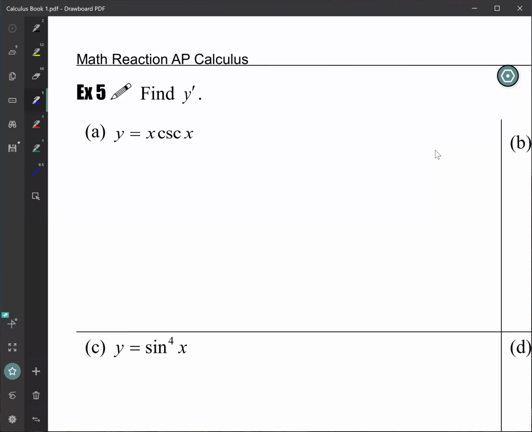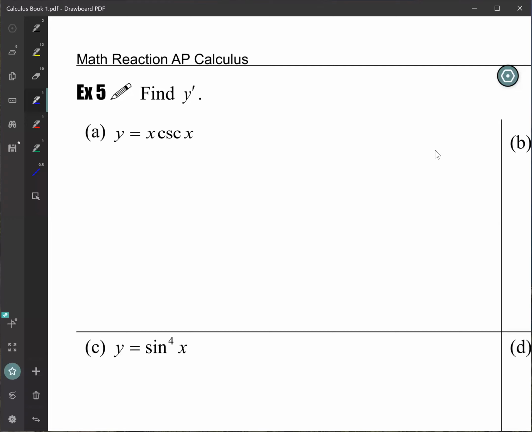Sine prime, cosine, and then cosine prime, negative sine, tangent prime, secant squared, secant prime, secant tangent, cotangent prime, negative cosecant squared, cosecant prime, negative cosecant cotangent.